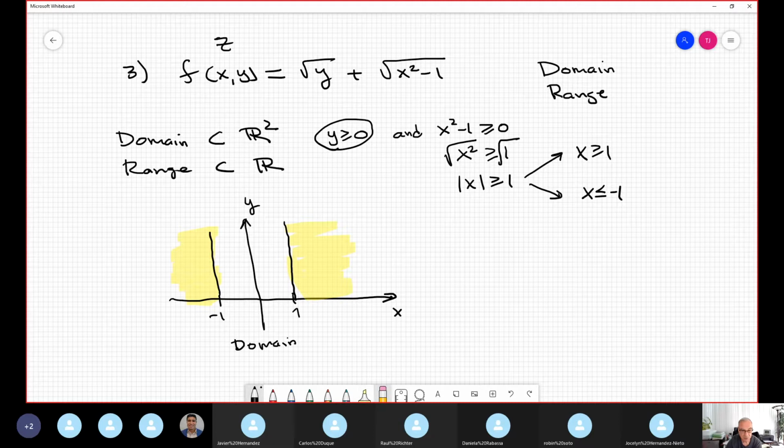Okay, how do we express this in interval notation? Well, actually they want set builder notation. So it's easy. The domain, capital D, is the set of points that satisfy this condition, y greater than or equal to 0, and this condition, and this condition.